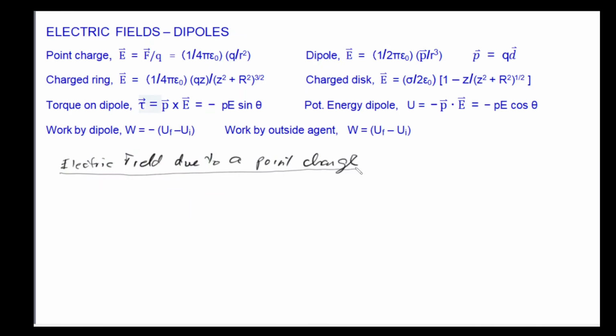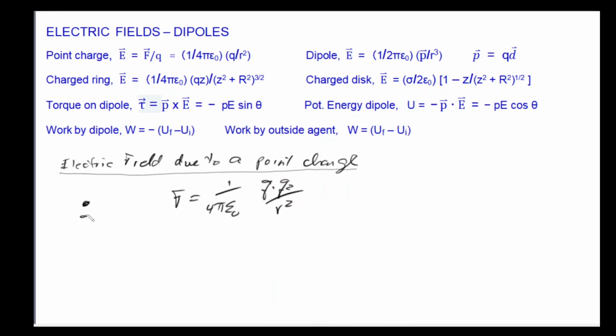Now, what about an electric field due to a point charge? That could be positive or negative. Well, we know from Coulomb's law that the force of that field is equal to 1 over 4 pi epsilon sub 0 times Q1, Q2 over R squared.